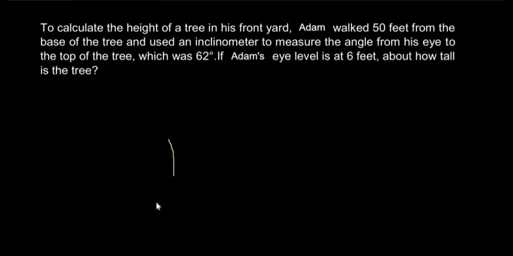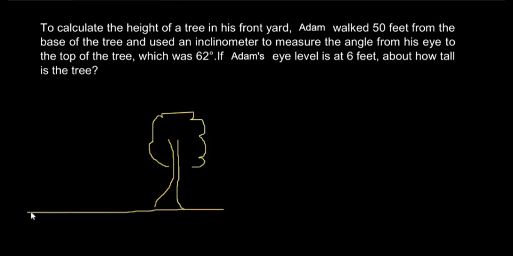So there is a tree, and this is the ground, and Adam is trying to find out the total height of the tree. So let me draw this total height and take it as h. Adam walked 50 feet from the base of the tree and used an inclinometer.